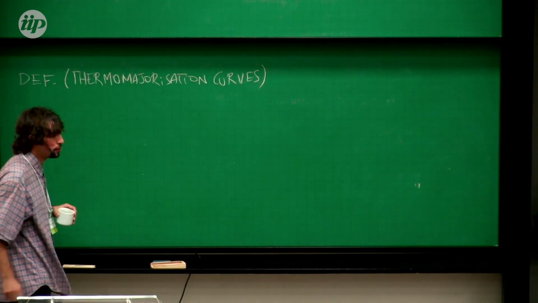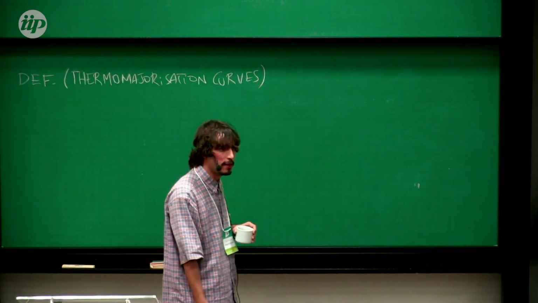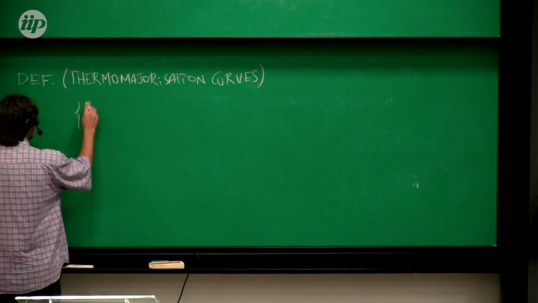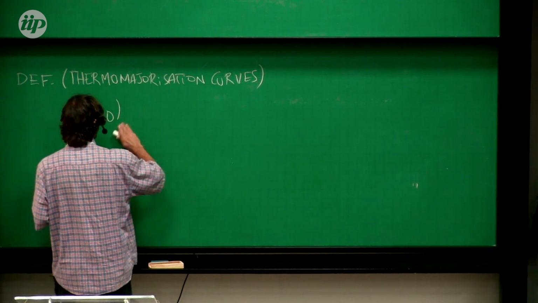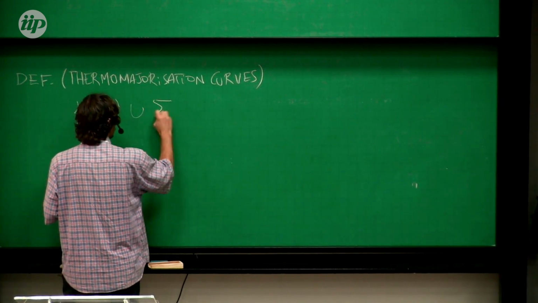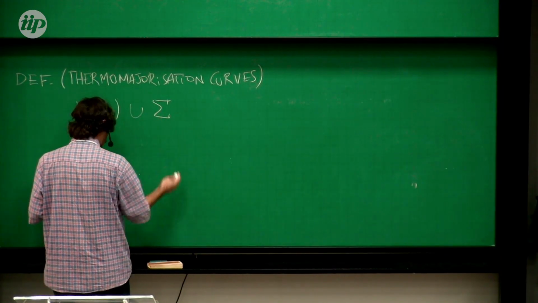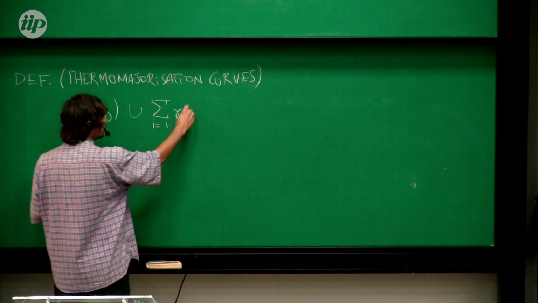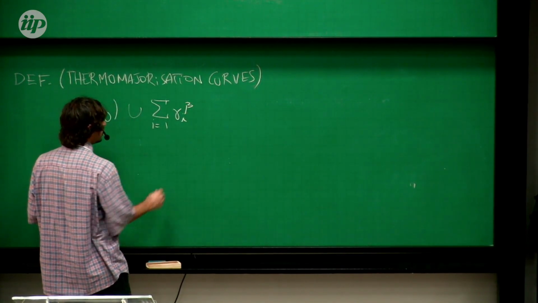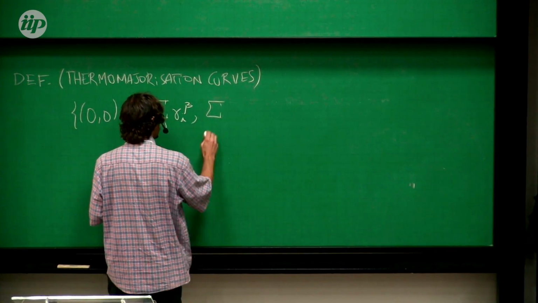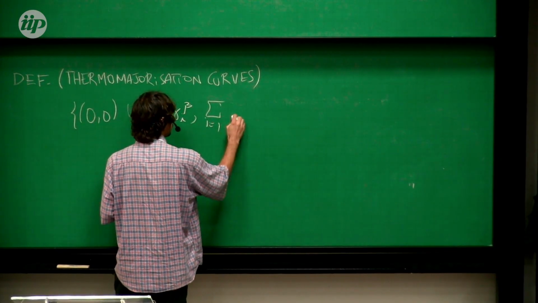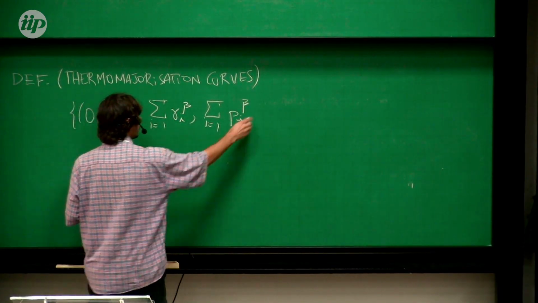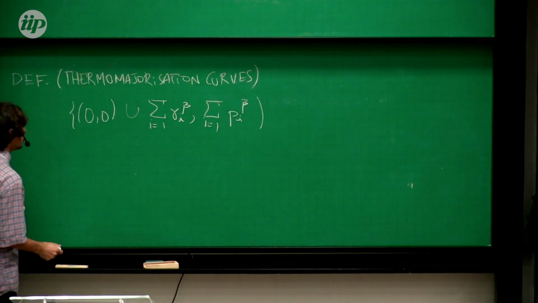Again, the thermomajorization curve will be a piecewise linear function, whose points start at 0, 0. In the x-coordinate, I take my thermal distribution also ordered in beta order, together with my initial vector also ordered with respect to the beta ordering. Just this. So those are the points of this curve.